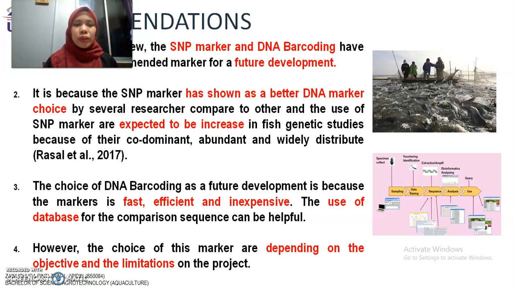And DNA barcoding is chosen for future development because this marker has shown major progress and potential, and is also a cost efficient and inexpensive technique, and the use of databases by this technique is helpful in the comparison of sequences.